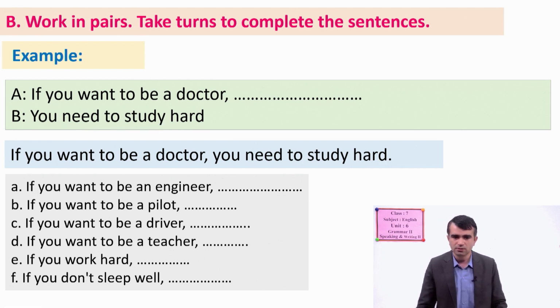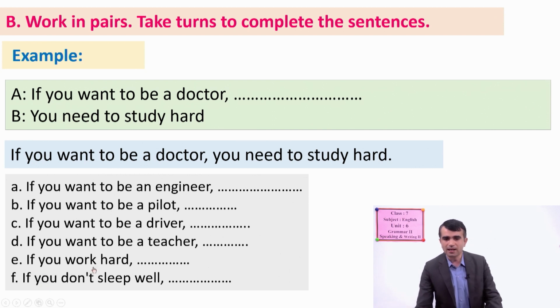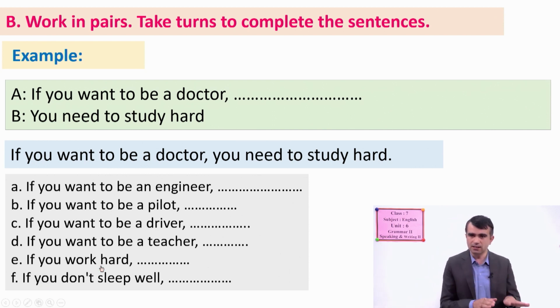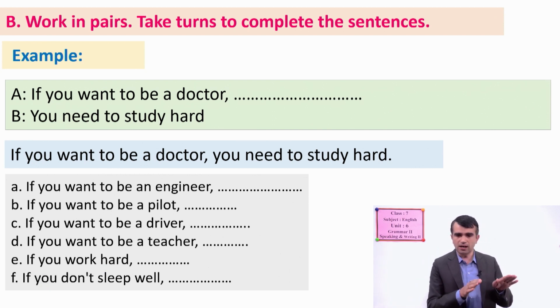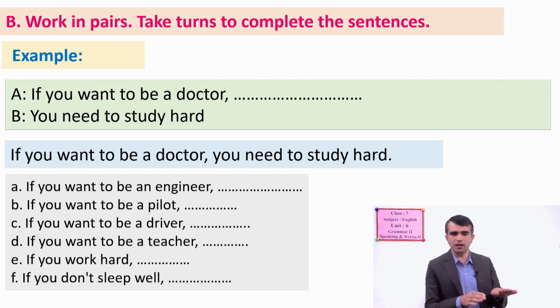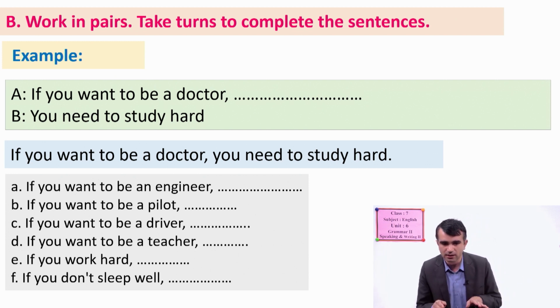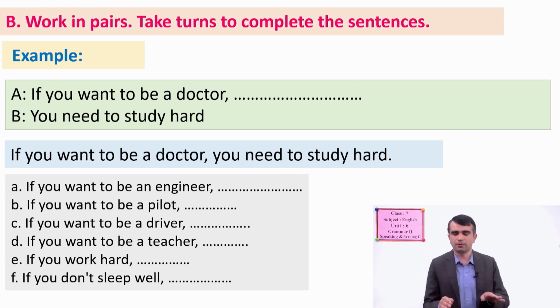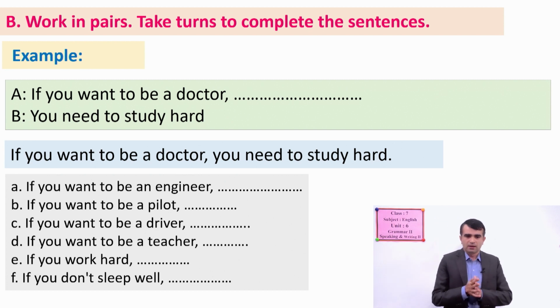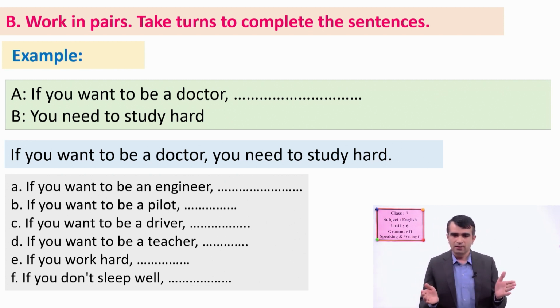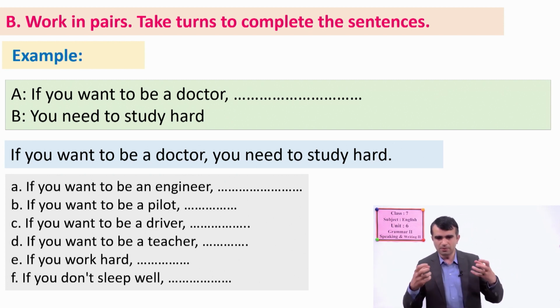And numbers E and F set conditions. You should complete the sentences in the way you studied just before in the grammar section: subject plus will plus infinitive. That way. Well, now, do you want to try? Complete them.